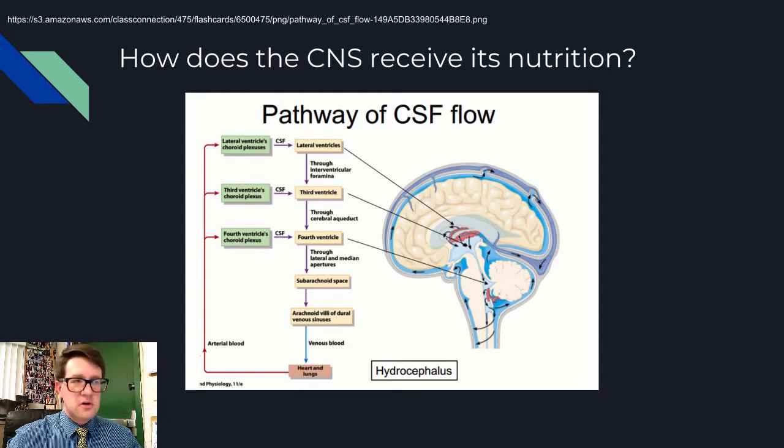At those ventricles, there are a series of glial cells called the choroid plexi, which produce CSF. The CSF flows in these ventricles, from lateral to the third to the fourth, and down that central canal of the spinal cord.